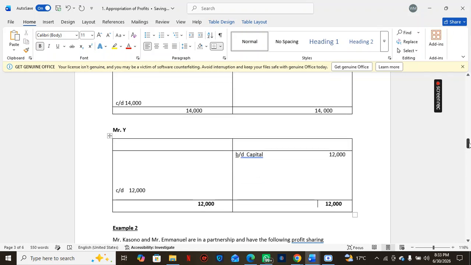Now we can go to the current accounts. Okay, this is where the information from the appropriations is going to come in. Current accounts.